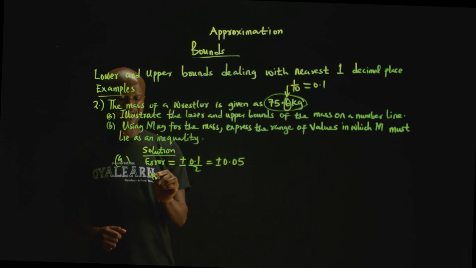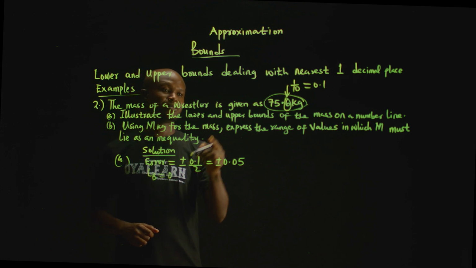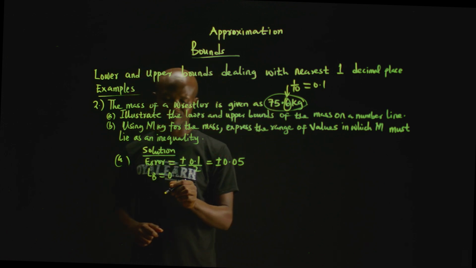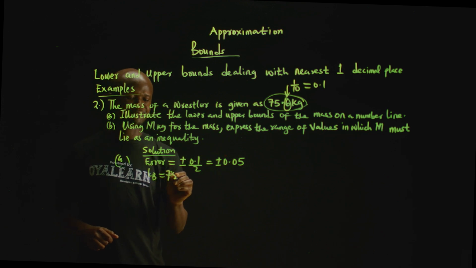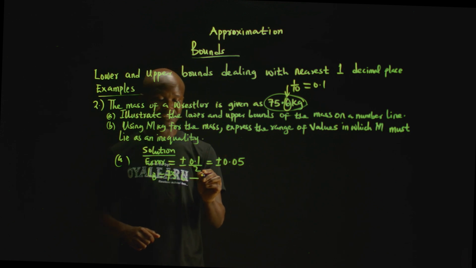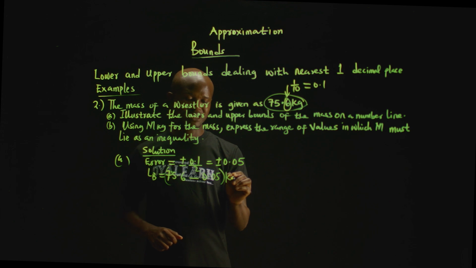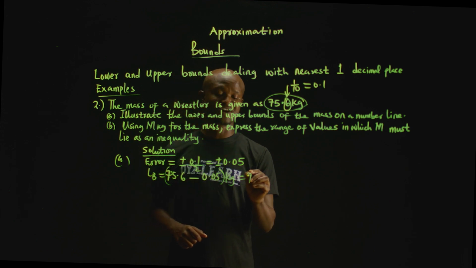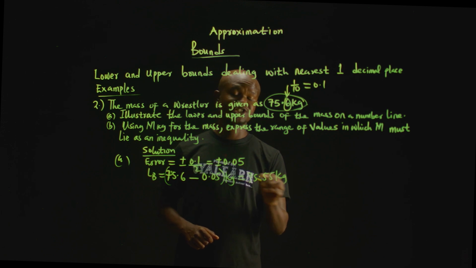Now, for the lower band, we are going to have 75.6 kg minus 0.05 kg, and this will give us 75.55 kg.